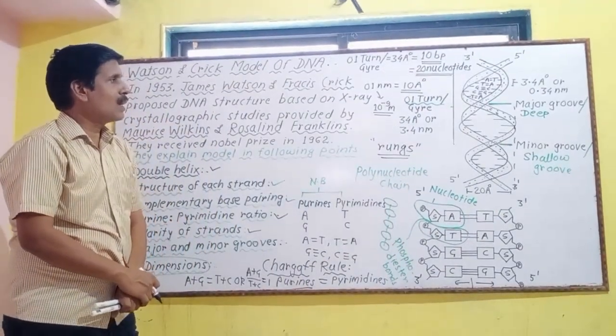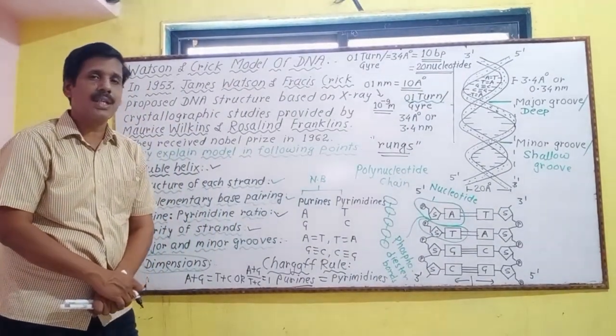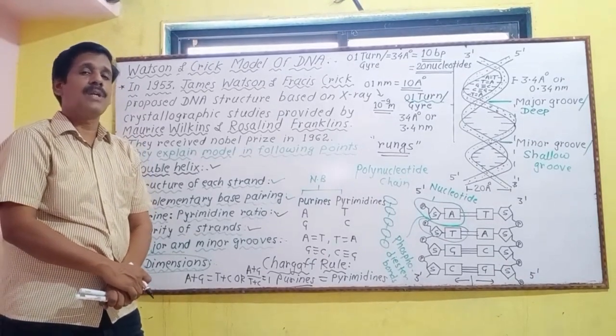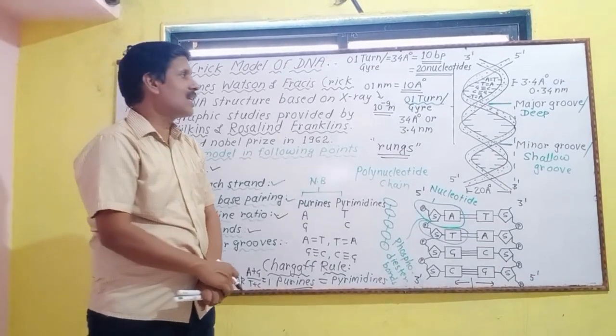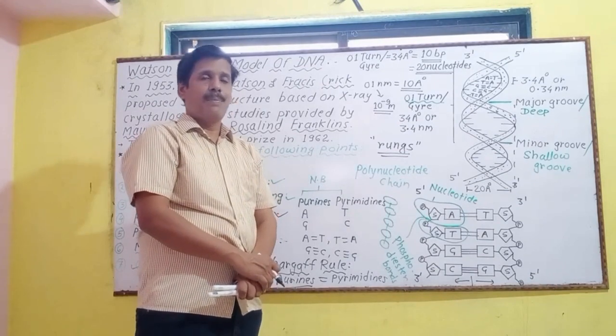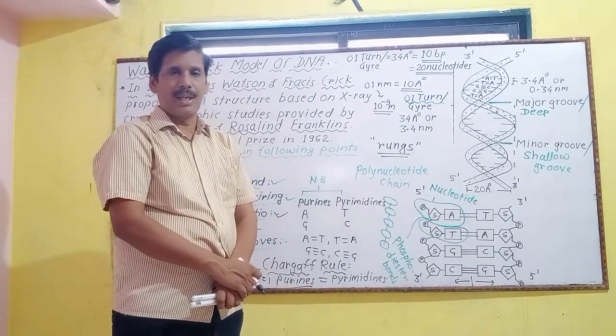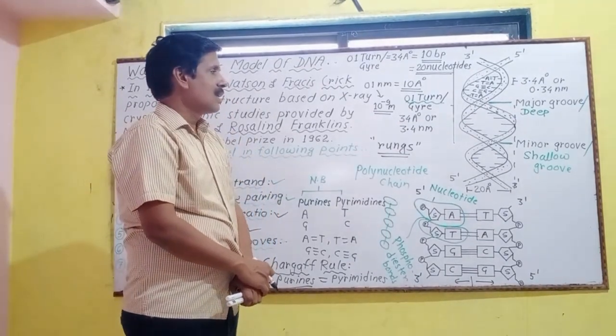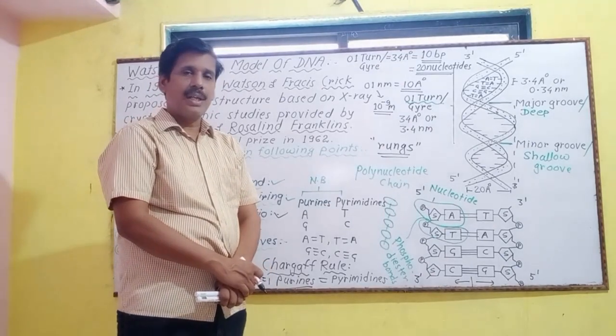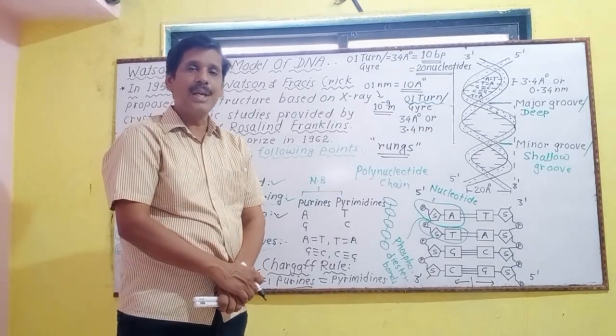Again, mind it well that how many nucleotides or base pairs are present inside each turn depends completely upon the type of DNA. Here, this is the right-handed coiling DNA, called B-DNA.